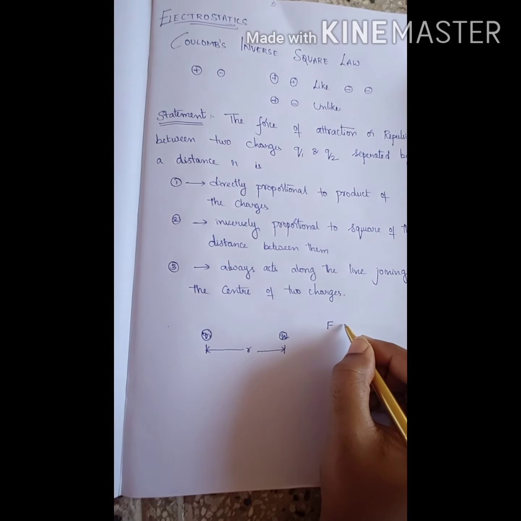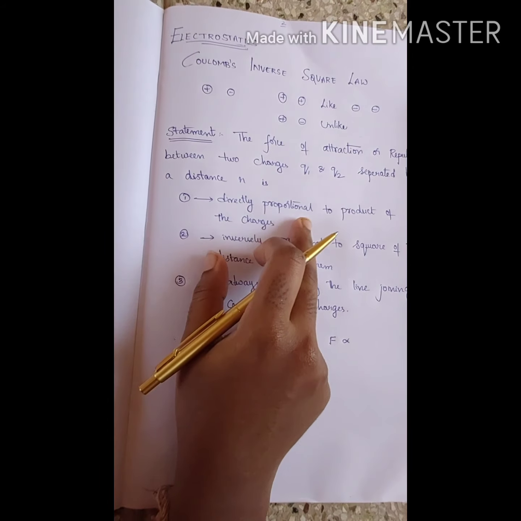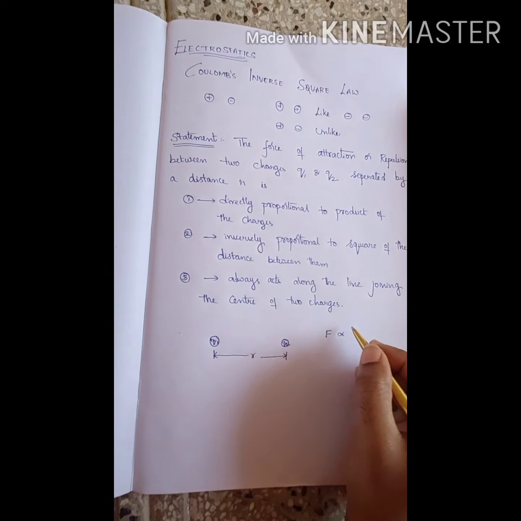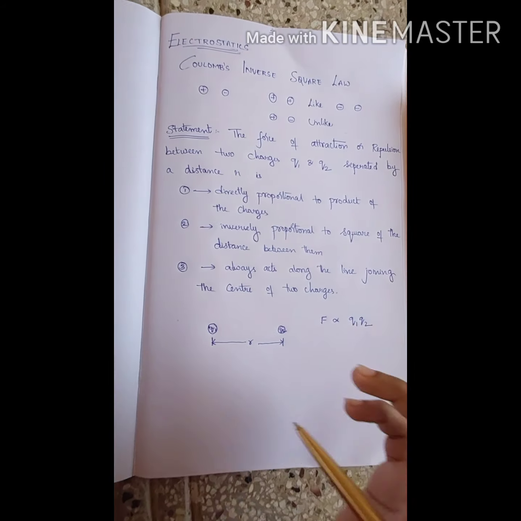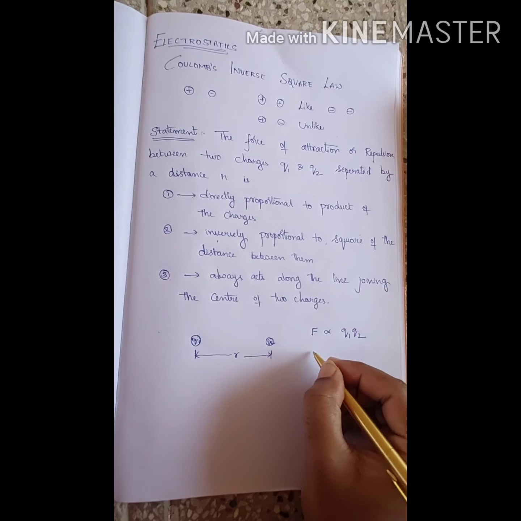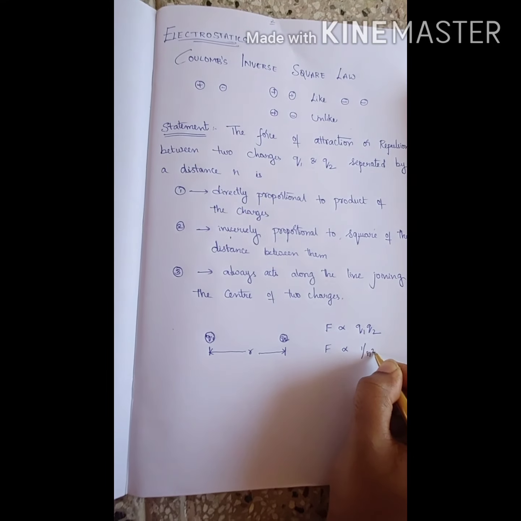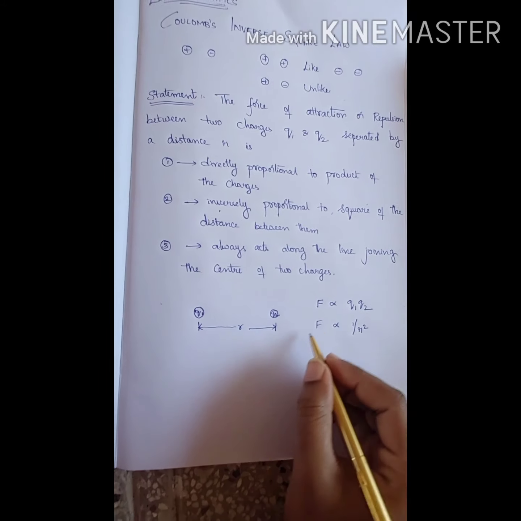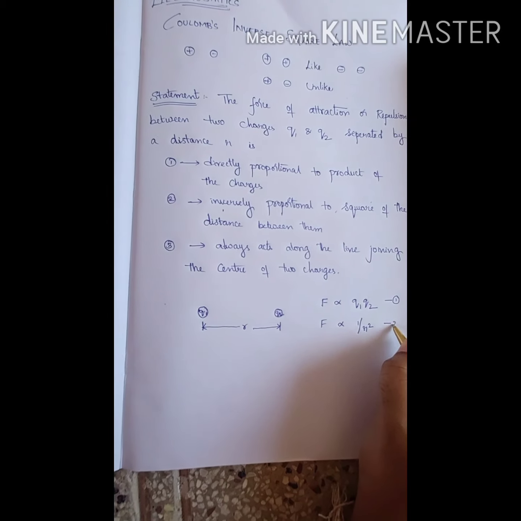So F is directly proportional to, according to the first statement, the product of the charges. So F is directly proportional to Q1 Q2. And the second point is inversely proportional to the square of the distance between them. Now combining the two, what we'll get?